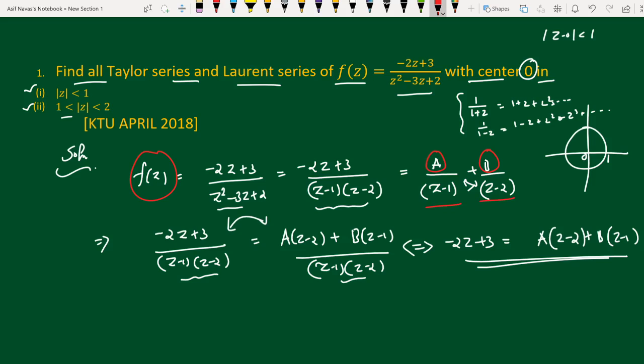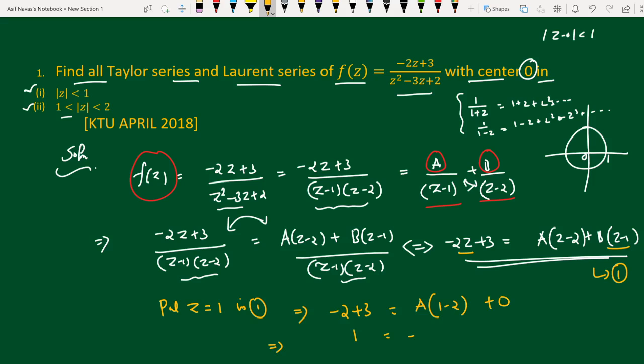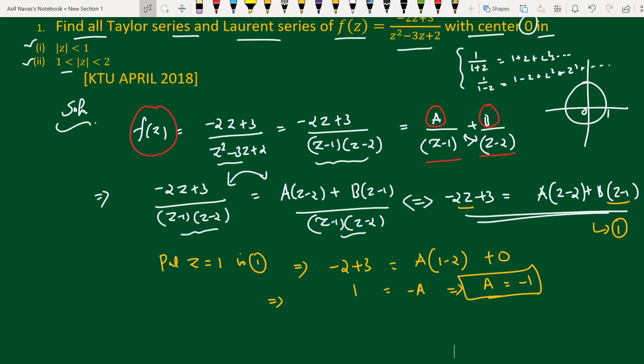Put z equal to 1 in equation number 1: minus 2 plus 3 is equal to A into 1 minus 2 plus B into 1 minus 1, that is plus 0. So 1 equals minus A, which implies A equals minus 1.